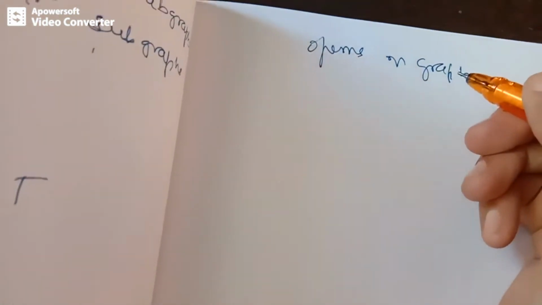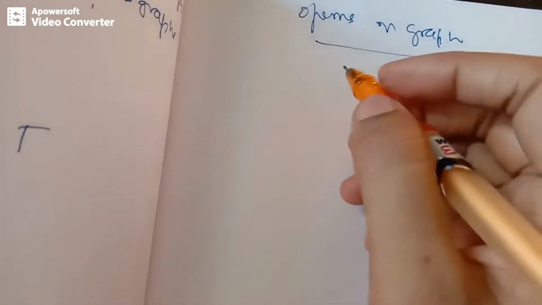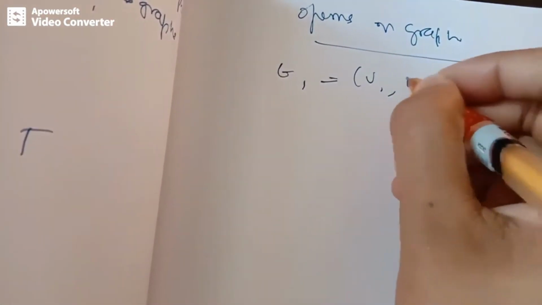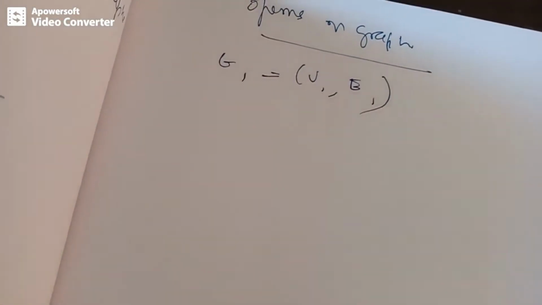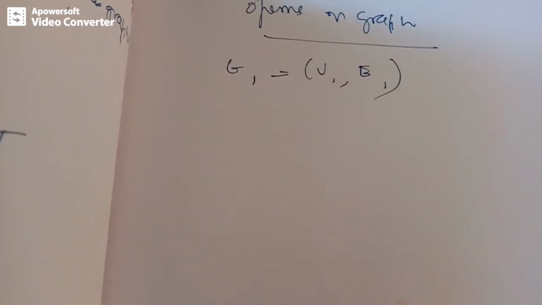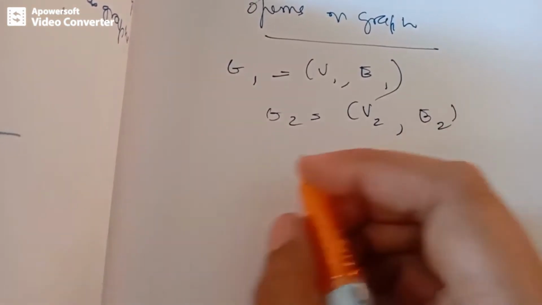So first operation that can be performed is finding the union of two graphs. Let us take graph G1 which consists of vertex set V1 and edge set E1, and let's take graph G2 which consists of vertex set V2 and edge set E2.